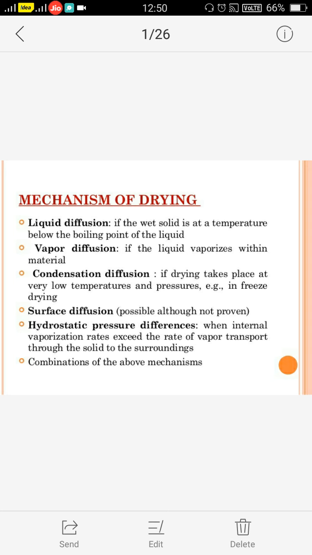Then hydrostatic pressure difference, when the internal vaporization rate exceeds the rate of vapor transport through the solid to the surroundings. So it is a combination of the above mechanisms. These are the mechanisms of drying for moisture removal from the product.